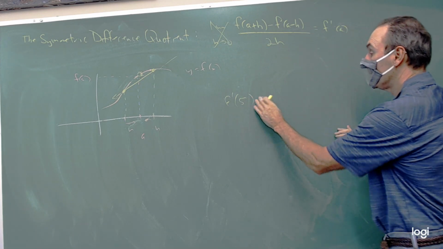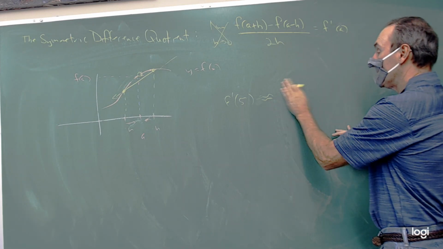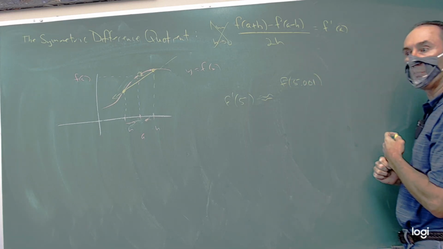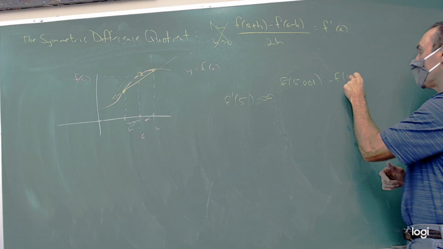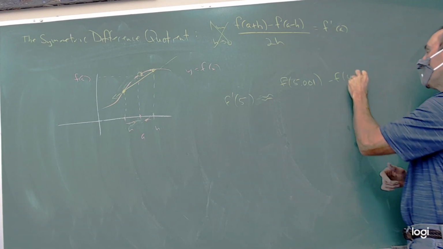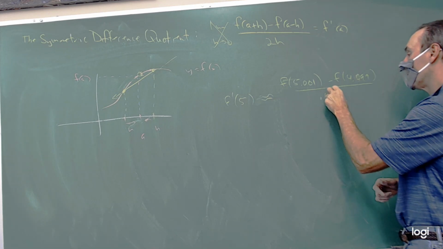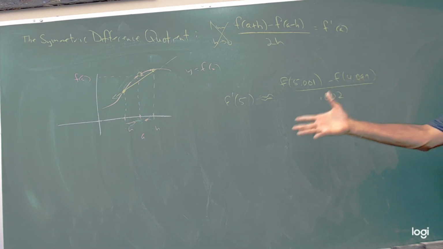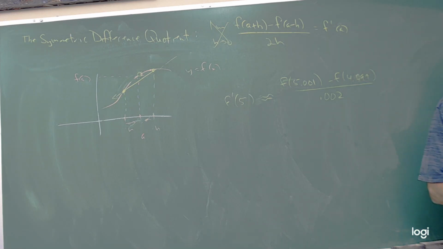So it will approximate this derivative by taking f of 5 plus, I think it's 0.001, minus f of, it'll subtract that, so 4.999, all over 0.002. That's what it's going to do. And it's going to do that computation and just spit that answer out and say, that's the slope of the tangent line at 5.